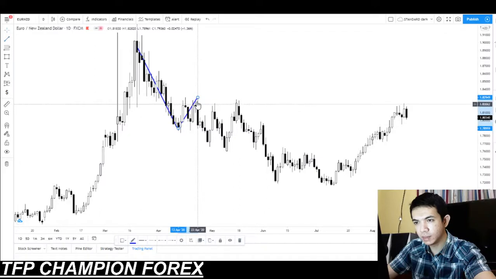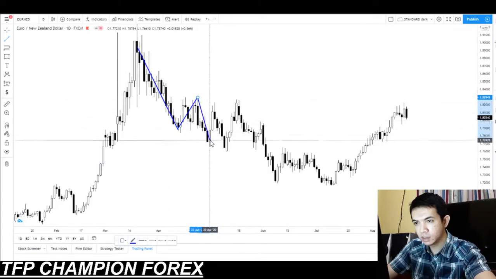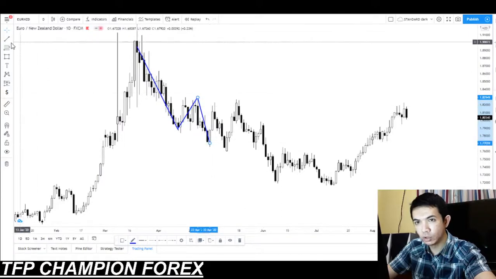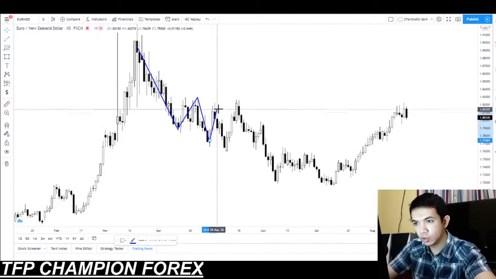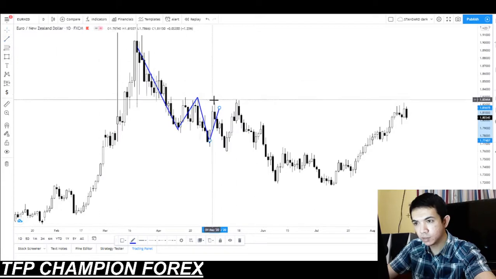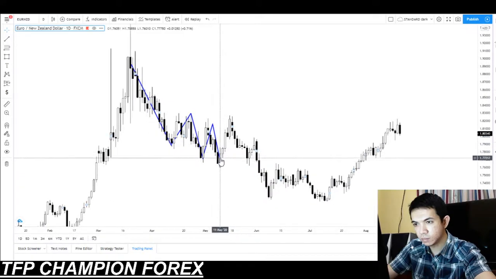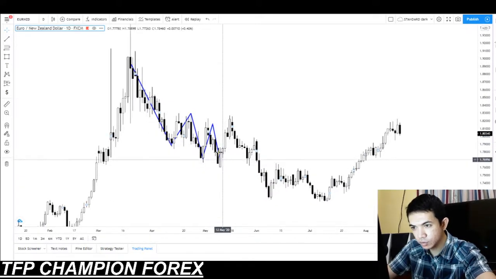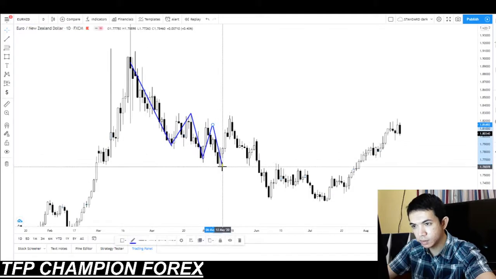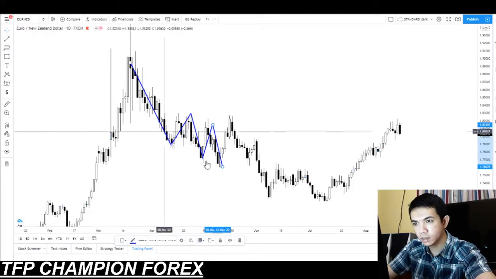then made a correction from a high, low, and then what? Lower high, then lower low, lower high, lower low, right? And then what?